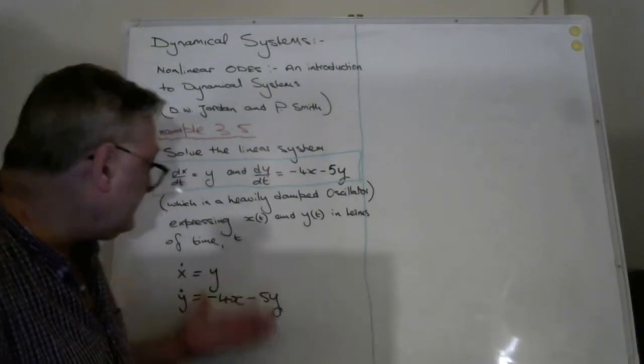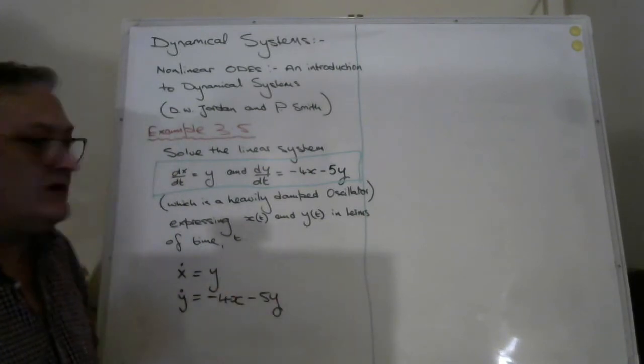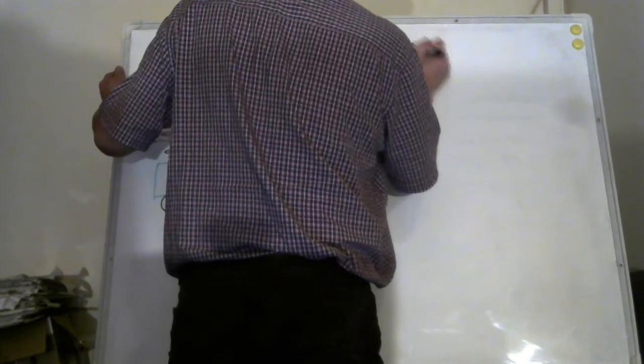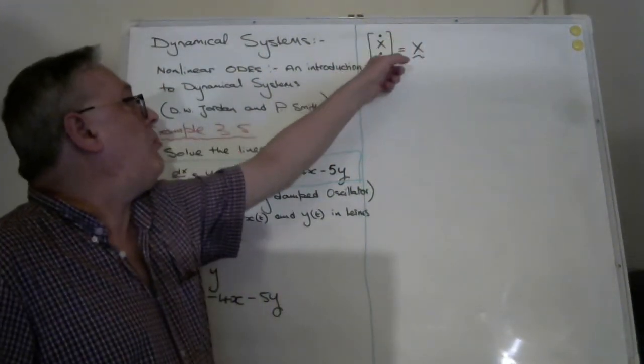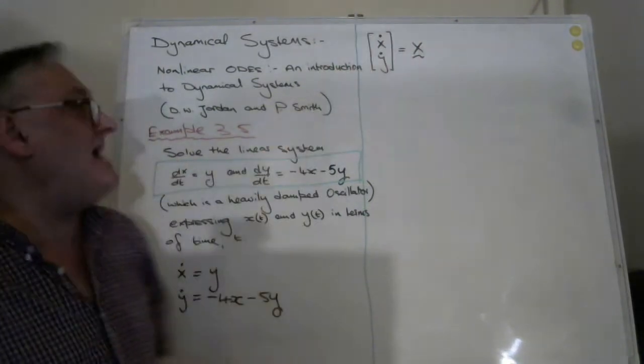Now, because this is a system, we can write it in matrix form. So let's do that. We've got x dot and y dot, which we put in a column matrix, and we call that big X. We're showing that that is just a vector. So x dot y dot in the column matrix is just a vector x, big X.